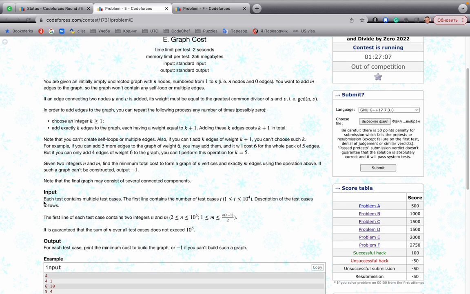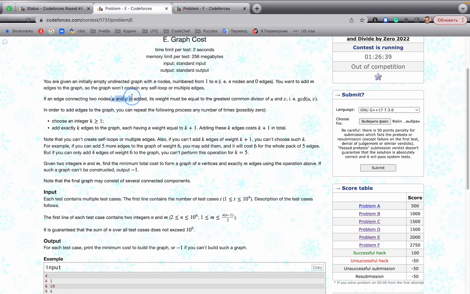Okay, that sounds kind of interesting. So we are given n vertices. They are numbered from 1 to n, and there are no edges initially. We want to add exactly m edges. There shouldn't be any self loops or multiple edges between the same pair of vertices.